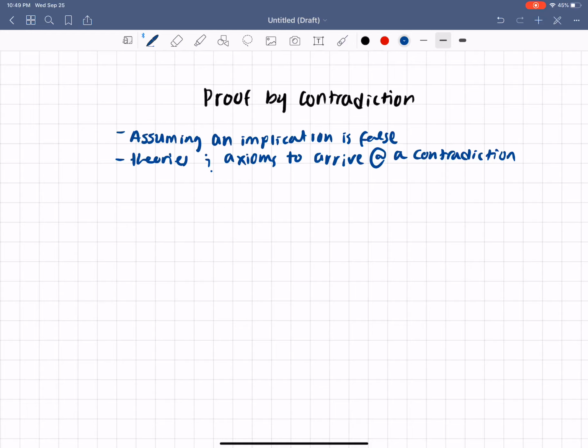By doing this, you're proving that the original statement must be true, because the implication of it being false doesn't work.